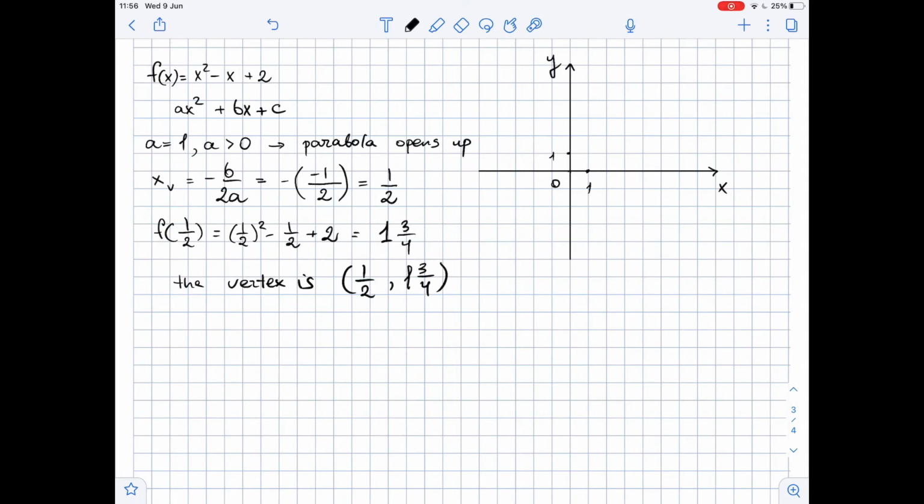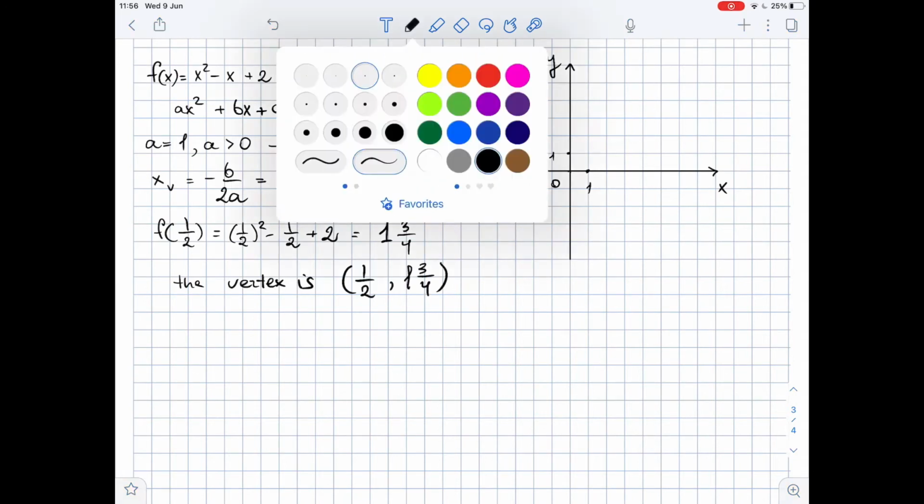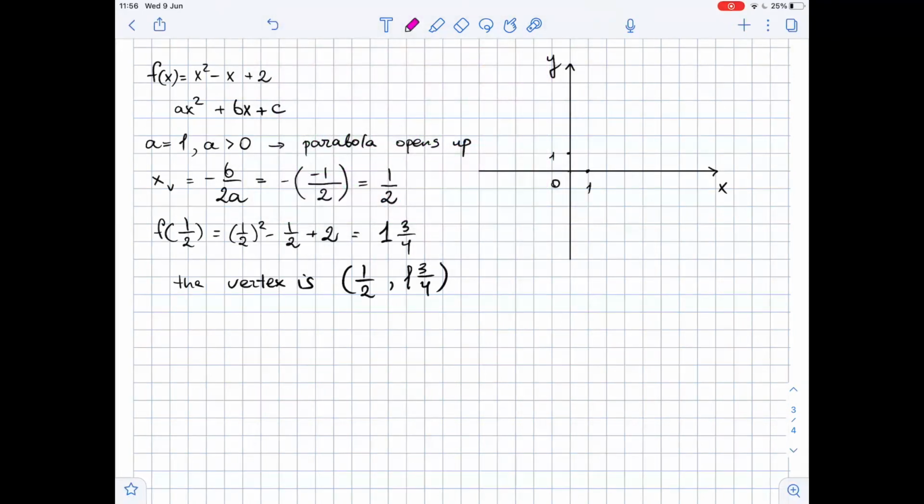Let's find this point on the x and y plane. Actually, let's change the scale a bit. So this is 1, this is 1, then the vertex will be at 1 second right here, and 1 and 3/4 is somewhere here.